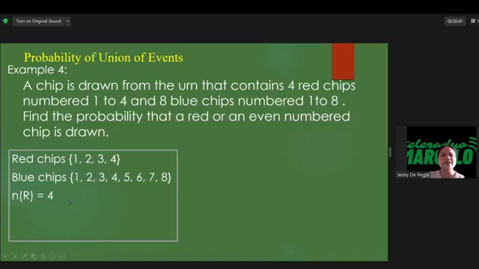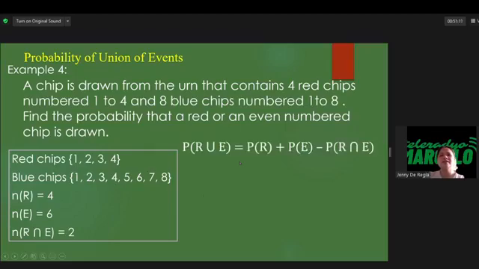And then even numbers: for red chips, 2 and 4, and for blue chips, 2, 4, 6, 8. So we have 6. And then the number of elements in R intersection E is equal to 2, since they are the same for numbers 2 and 4.